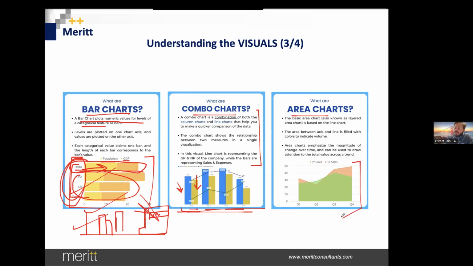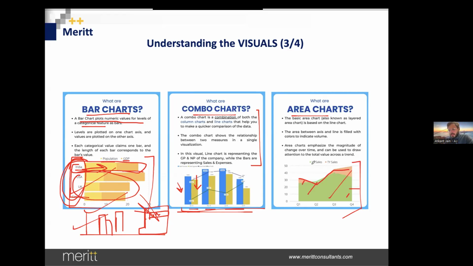Area charts are not much used, so if you don't understand this, that's fine, but it is very easy if you understand the line chart. As explained previously, this is my line chart. Whatever is the area under this, if I highlight that, becomes my area chart. If you see here, there are two colors.